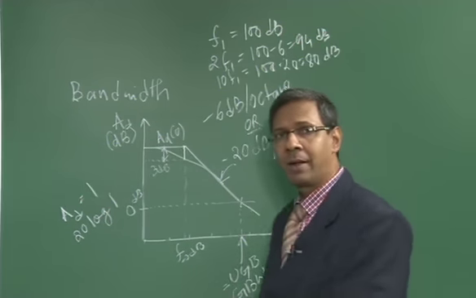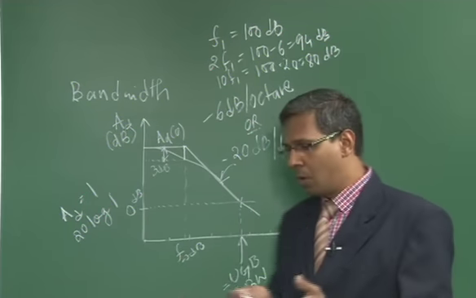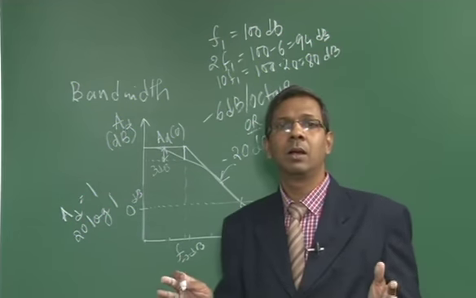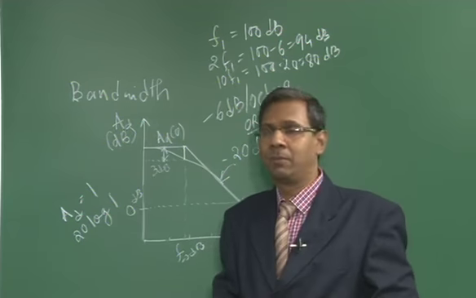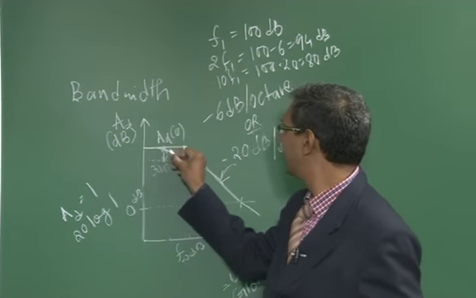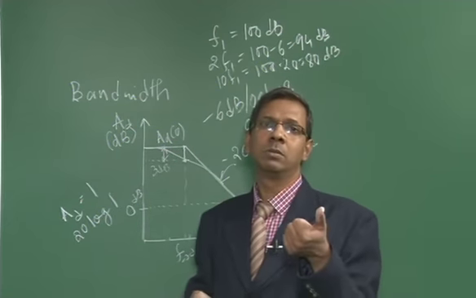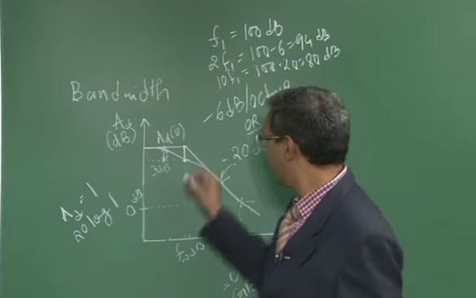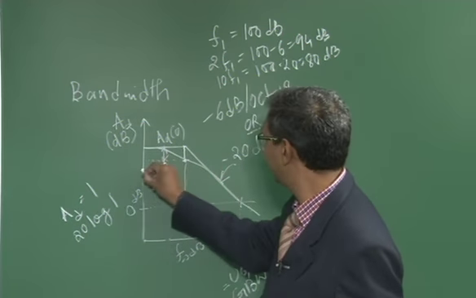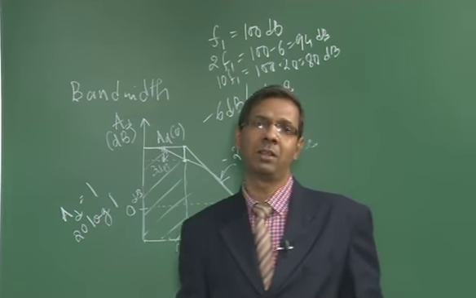Now apart from that, there is something called bandwidth, the range of frequencies over which you can amplify with the same gain. Your gain initially was at AD0, then it eventually starts dropping, let us say until it drops to minus 3 dB. This entire range of frequencies I call the bandwidth of my op-amp.